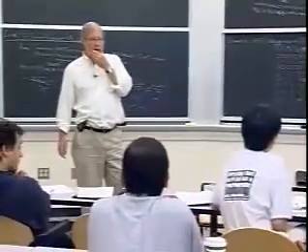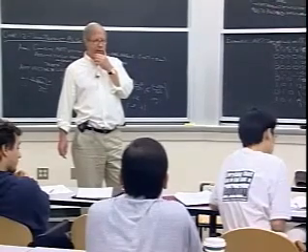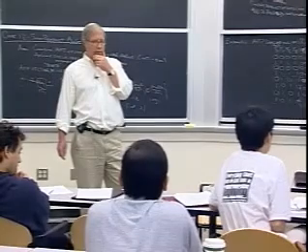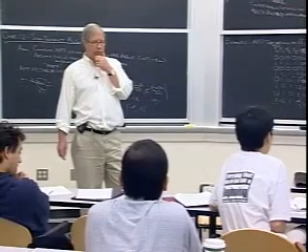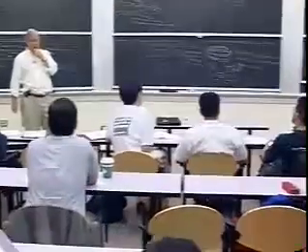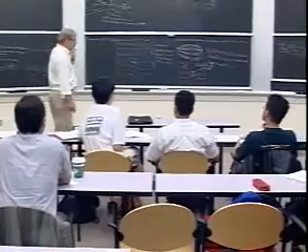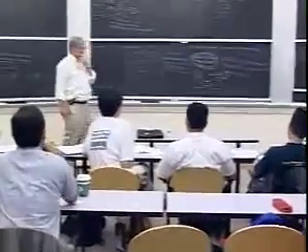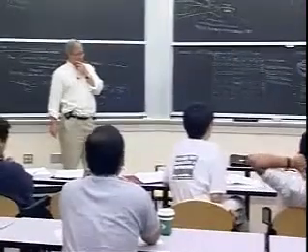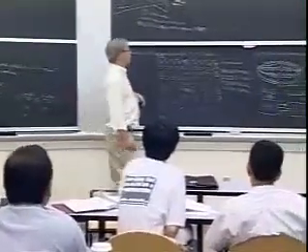BCJR being intrinsically an APP kind of an algorithm, whereas Viterbi is a maximum likelihood algorithm. Right. Where does that flexibility of the input symbols not being equally probable show up in this algorithm? We should be able to take that into account. Symbols are not equally probable. Code words rather, I'm sorry. Yeah. Okay.